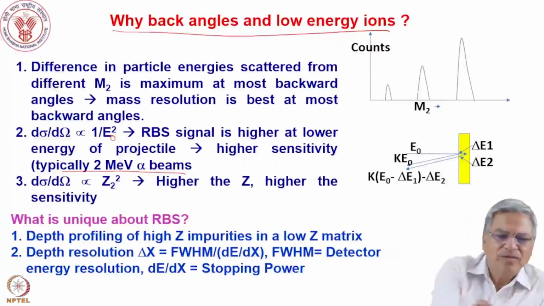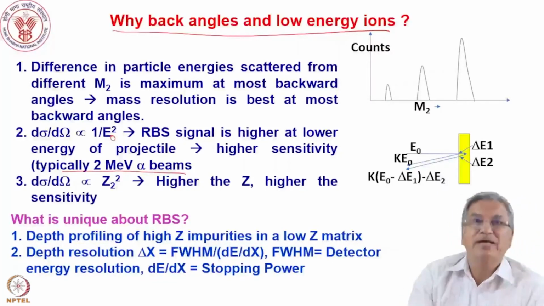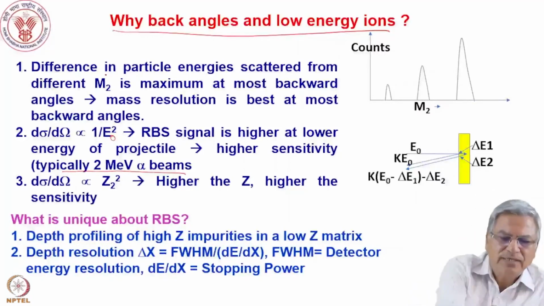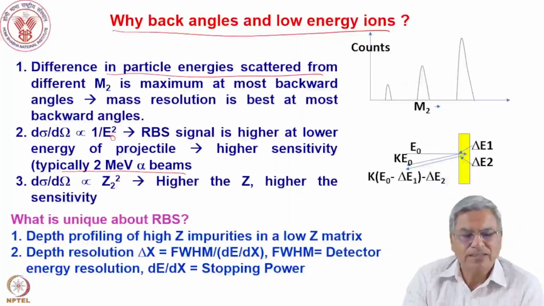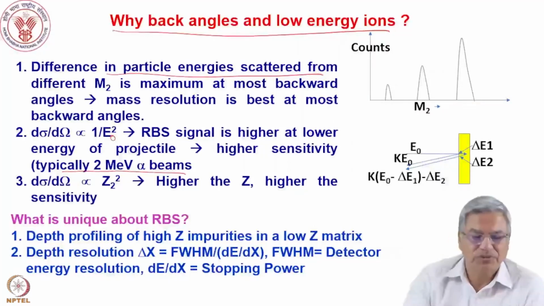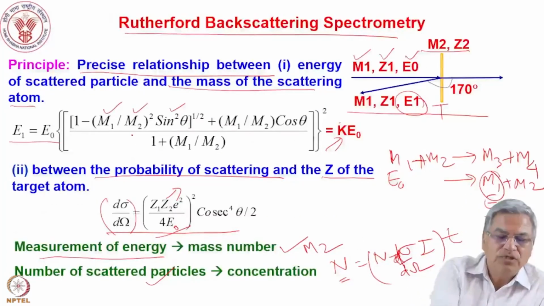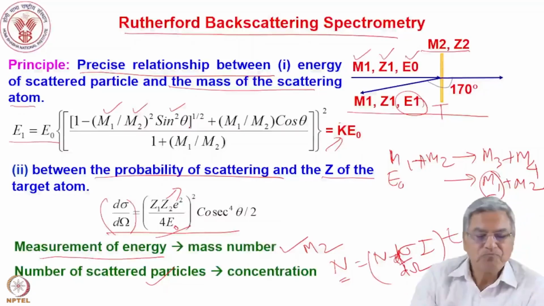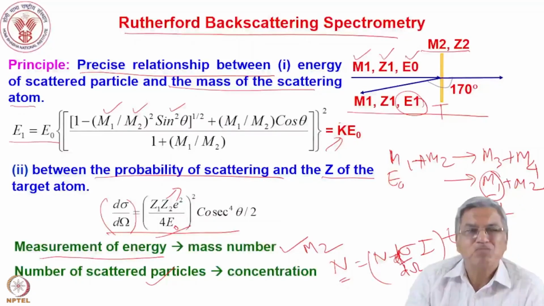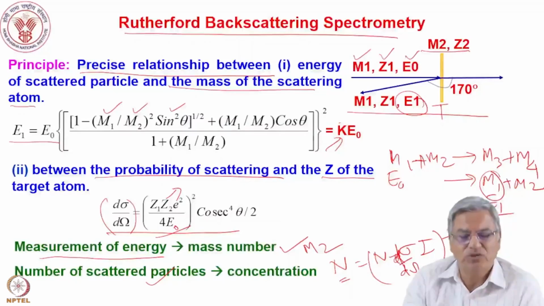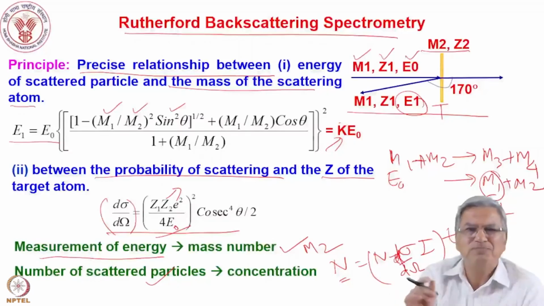Second is mass. Why back angles? The difference in the energy E1 of the particle backscattered from different masses in the target nuclei is maximum at the most backward angles. So if you see here, essentially you can say dM2 by d theta, the change in the mass with the angle. If you do this exercise, you will find the differences between different masses.